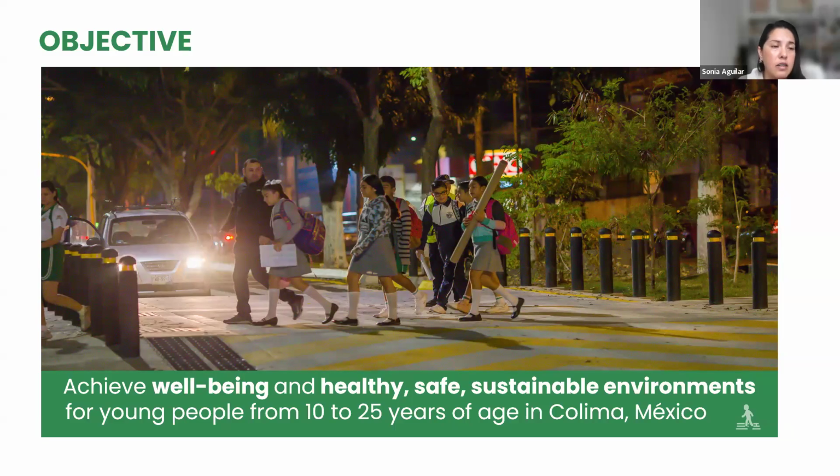You may ask why we established 10 to 25 and not 10 to 20. The answer is that we identified, based on historic data of road traffic crashes, that the target population was within this age range, and we want to highlight that safe mobility was a key enabler for fundamental rights, by which we mean education, health, and recreation.